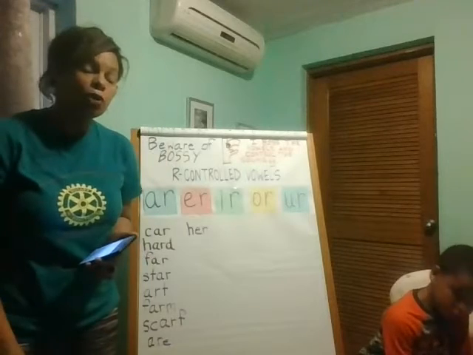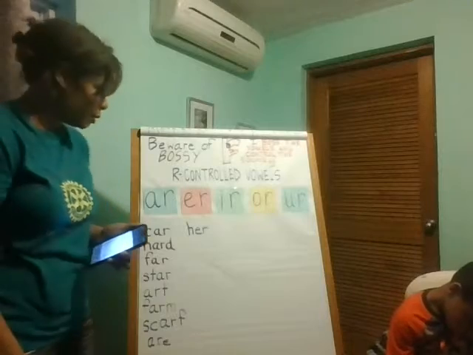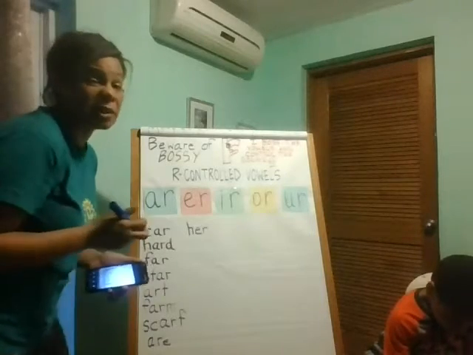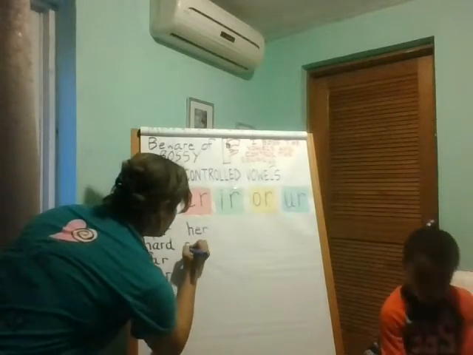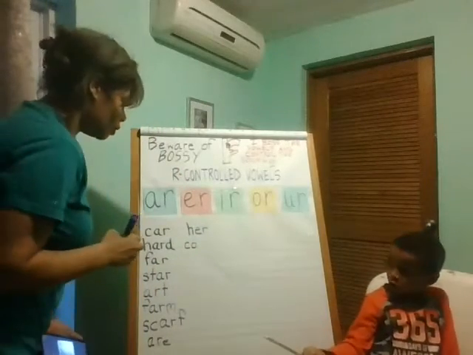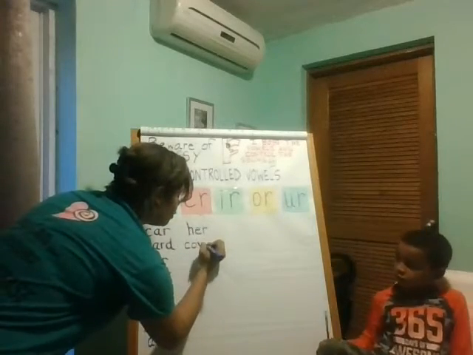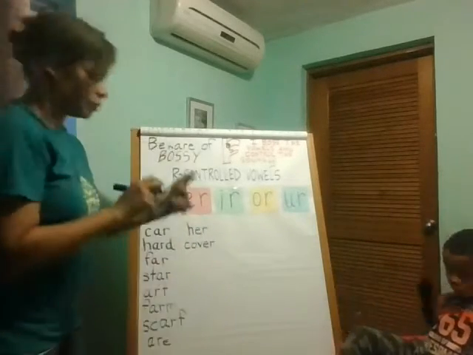This has 2 syllables, 2 parts. Cover. I'll give you a hint with the first part. It's going to be C-O. And how would you spell ver for cover? C-O-V-E-R.